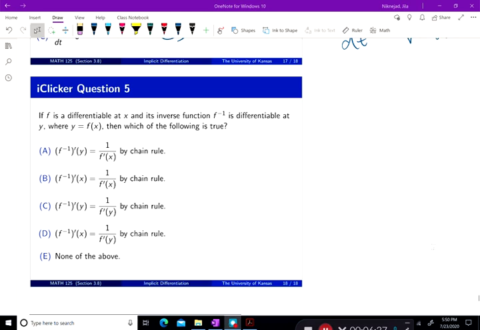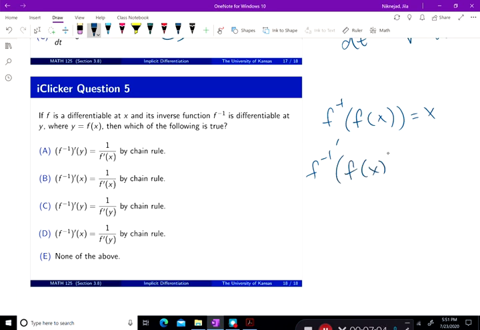So if we write, how does f inverse work on f? It's f inverse of f of x equal to x, correct? And so if I do a chain rule, what we get is f inverse prime at f of x times f prime of x is going to be equal to 1.